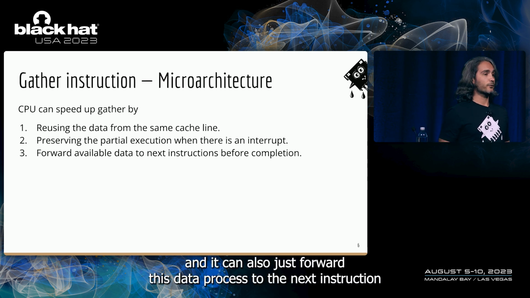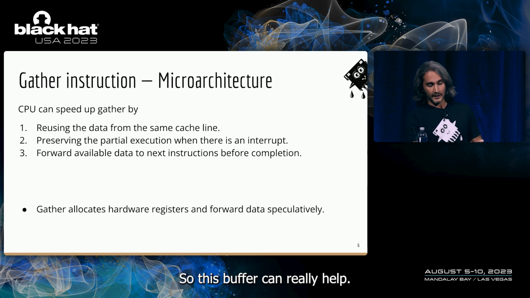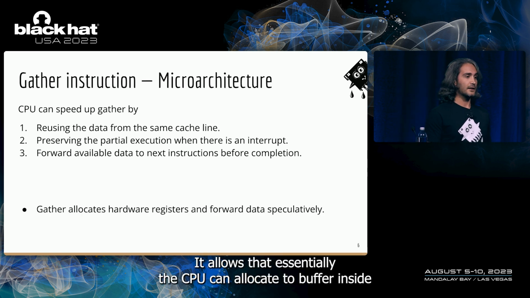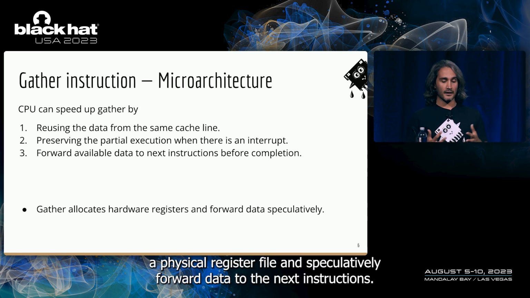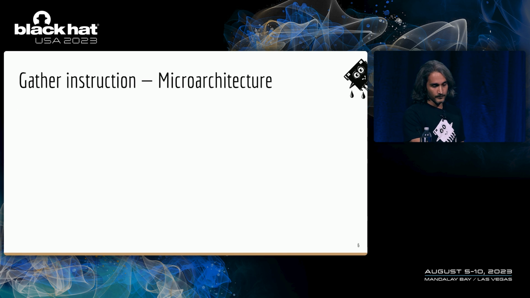It can also forward these data pieces to the next instruction and doesn't have to wait for all the data bits to be available. So this buffer can really help with all of that. Essentially, the CPU can allocate a buffer inside the physical register file and speculatively forward data to the next instructions. So this gather operation executes fast.